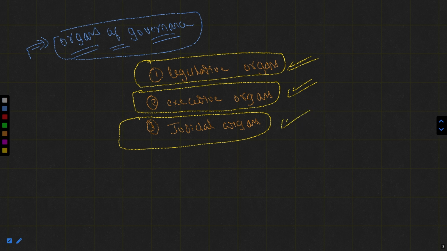All right, so this is the general work division of these three organs, which together make up the structure of governance. Here we are going to talk about the legislative organs, so let's start with it.